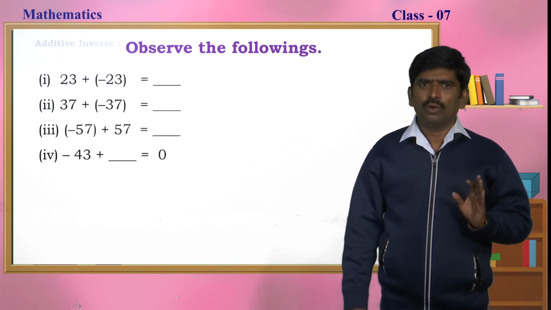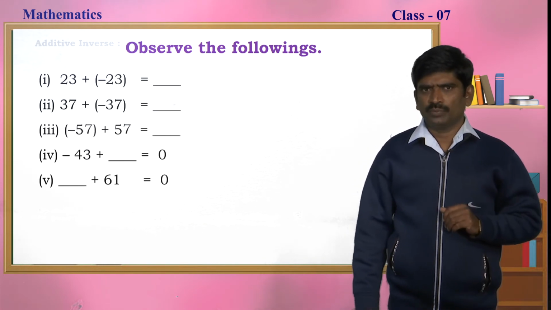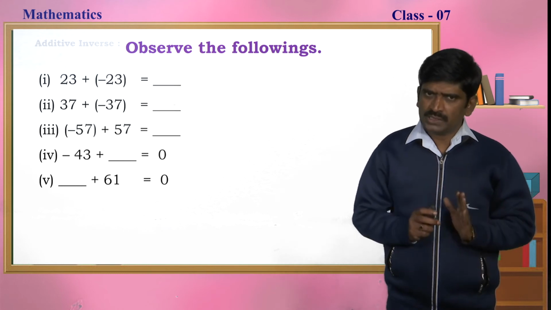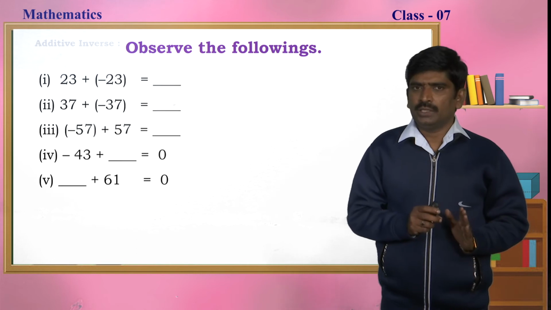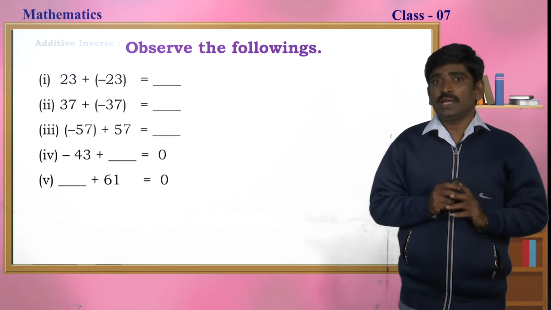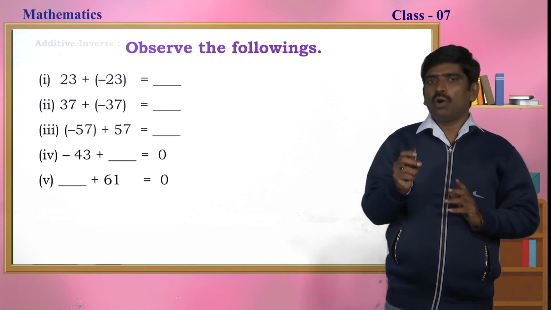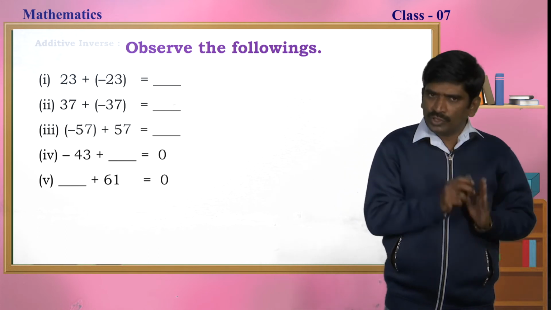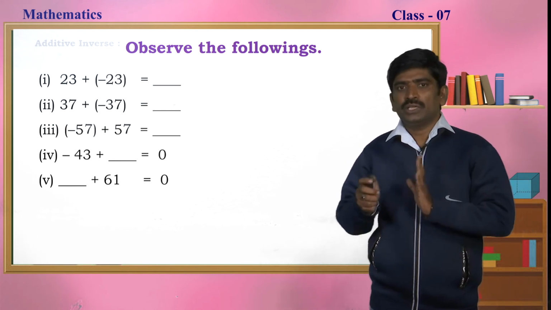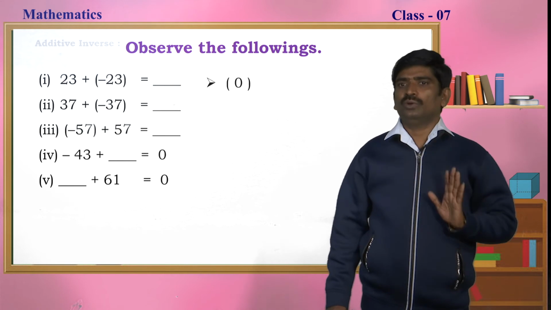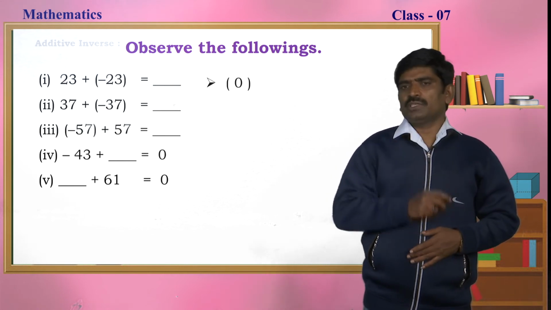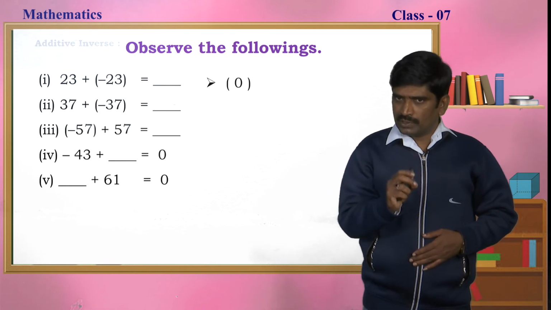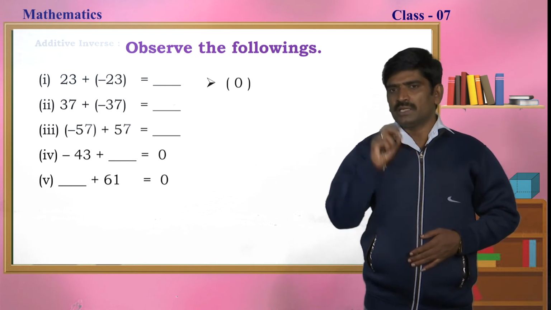There are 5 examples given here. 23 plus minus 23. 23 is a number, minus 23 is the inverse of 23. Therefore, 23 plus minus 23 is equal to 0. Second one, 37 is a number. The additive inverse of 37 is minus 37.